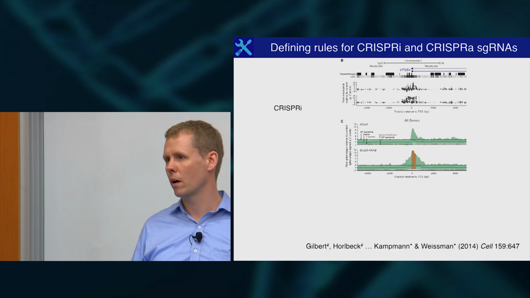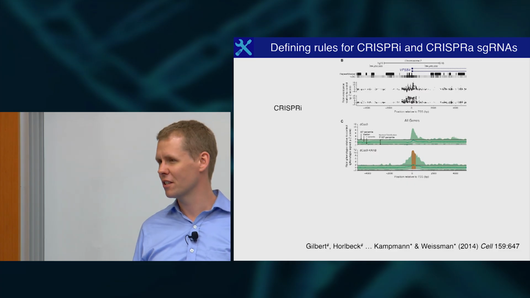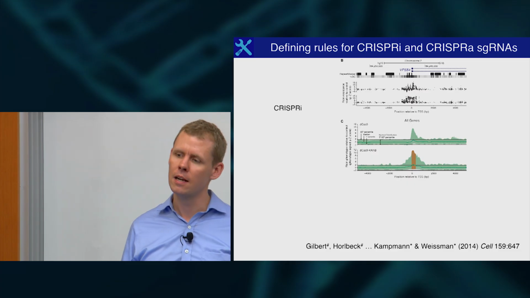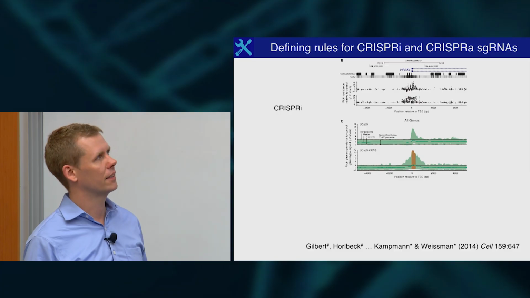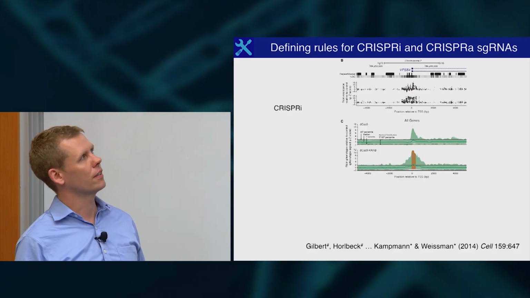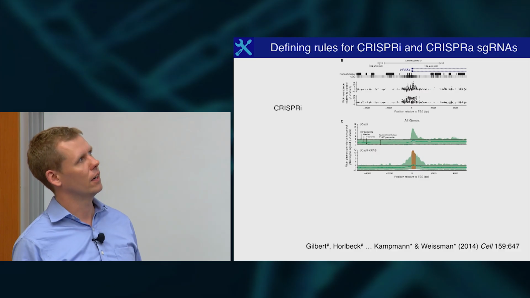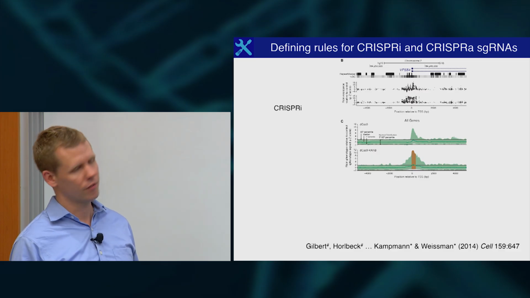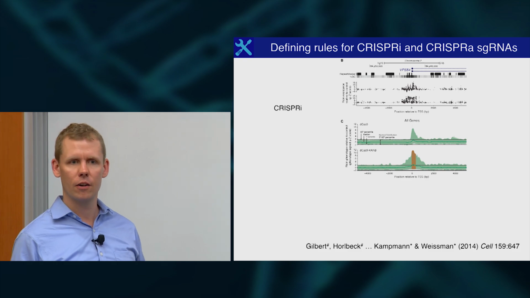This is still a young technology, so it is a potential caveat. But fortunately, so far, it seems that the annotated transcription start site is leading us in the right direction to have guide RNAs that work in a lot of different cells.